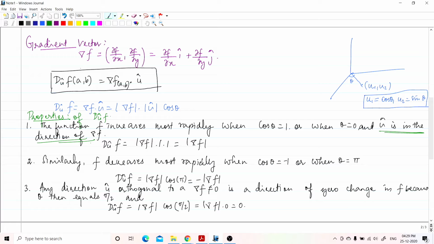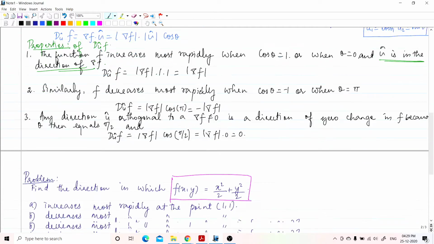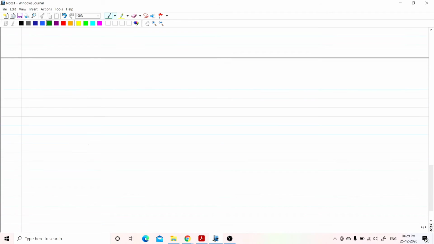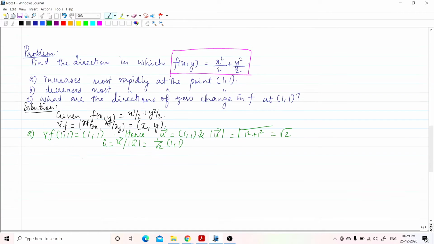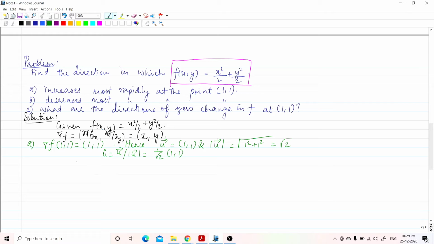So if u cap is in the direction of del f itself, then the function increases most rapidly.